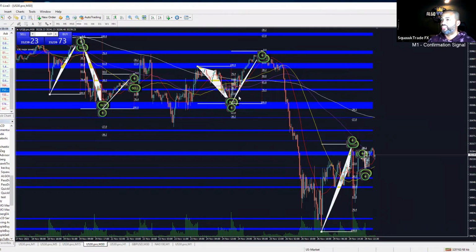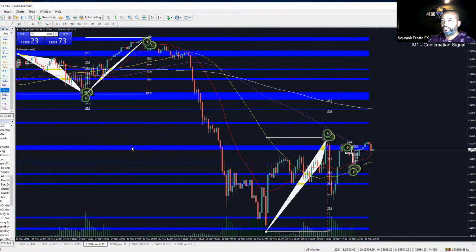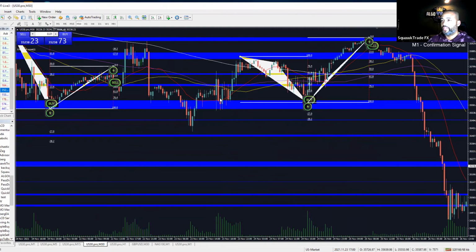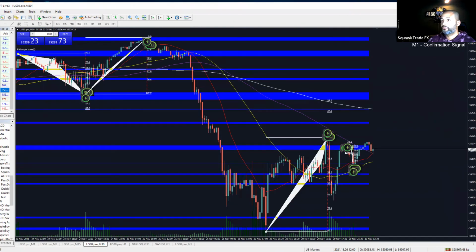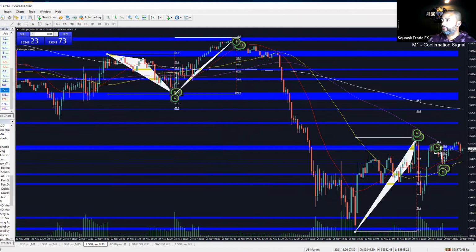But I can get the gist of what's going on here. So, for example, this zone, we know that in this area, it definitely respected. In this area, oh, I keep doing the wrong thing. Hold on, sorry, guys and gals.